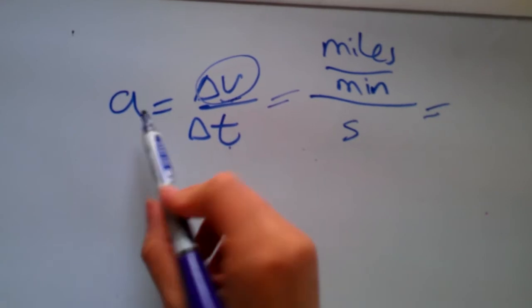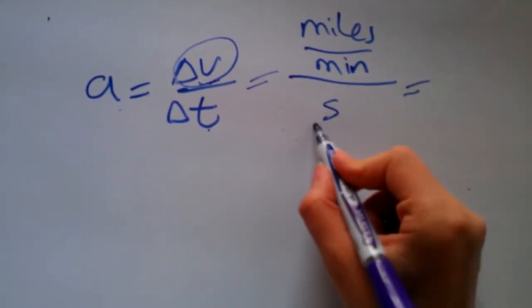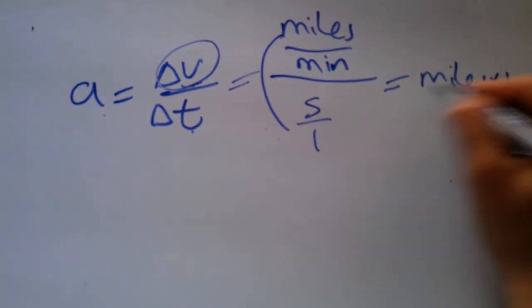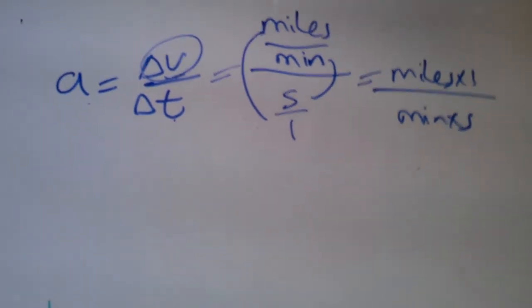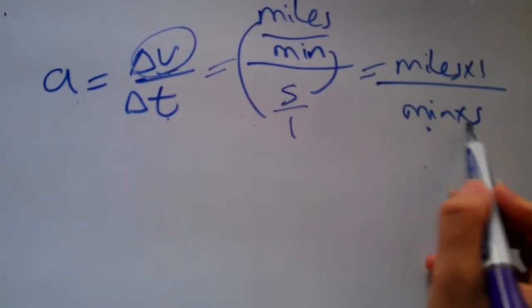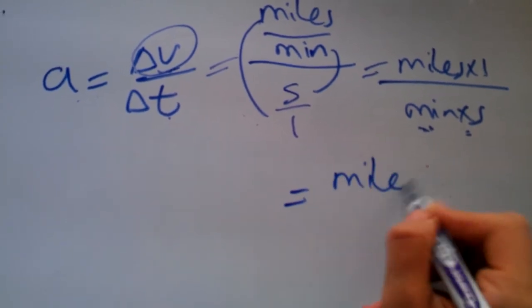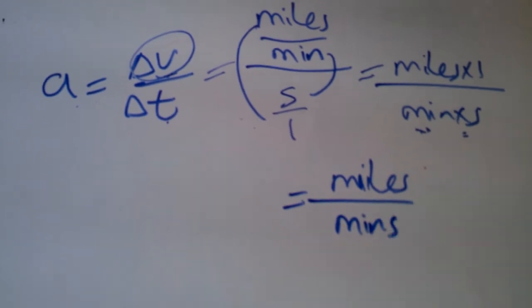So then the answer that you get for your acceleration would be miles per minute per second. We call it per minute per second because in the denominator we have two separate things. This is how we say it verbally. So we say miles per minute per second.